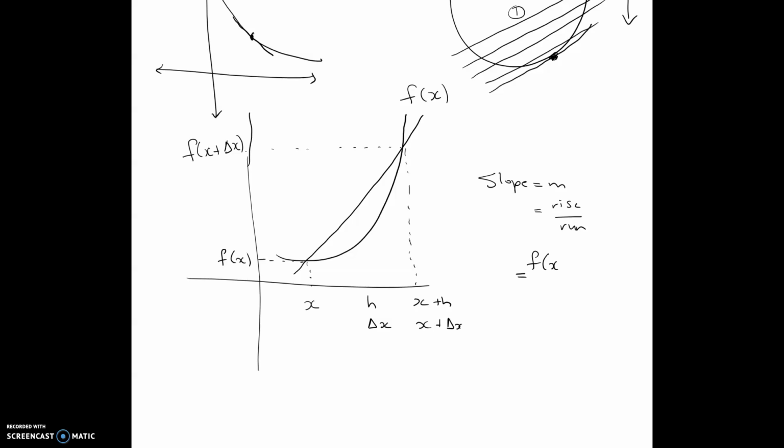It would be f of x plus delta x minus f of x over, now this distance from here to here is just delta x. Now, well, we don't want that. We actually want the slope of a tangent. We don't want this big gap in here. We want delta x to be very small.